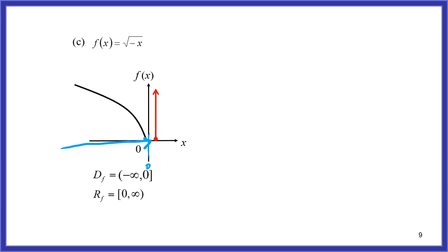If you use the algebraic method, what we have is that everything under the square root should be more than or equal to 0. Which means negative x should be more than or equal to 0. So for x, we need to multiply by negative 1, so we get less than or equal to 0. Why? Because when we multiply by a negative number, we have to change the sign here.